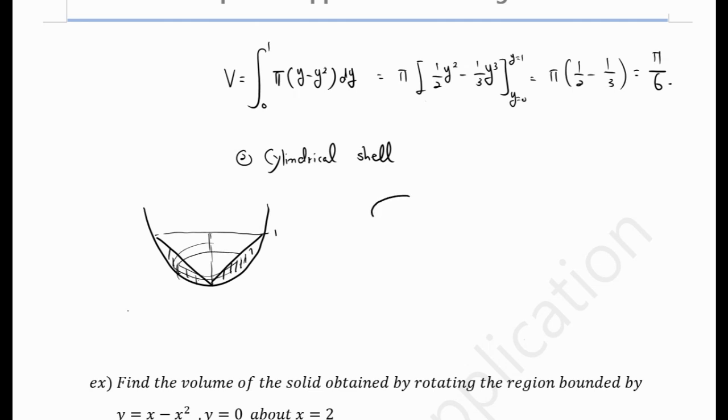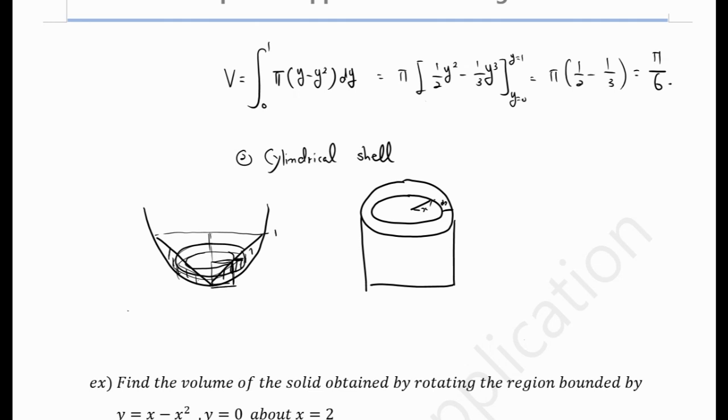This length is dx, this length is x, and what is this length? This length is x minus x squared.